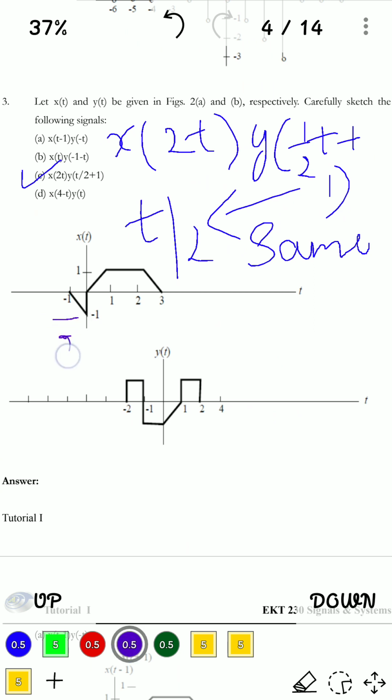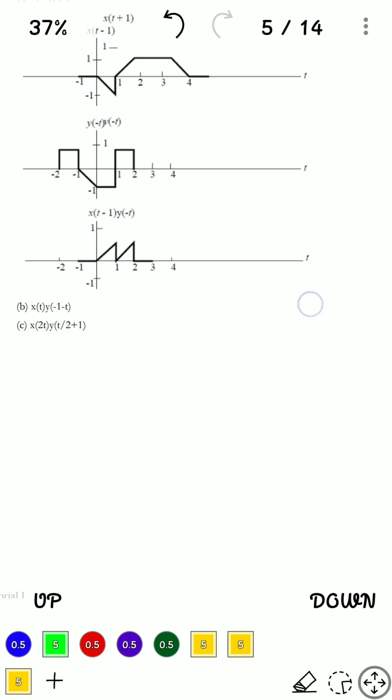So that is minus 1 by 2, 0 by 2, 1 by 2, 2 by 2, and this is 3 by 2. You're going to divide all these time periods by 2. If you divide all these time periods by 2, you are going to get the resultant like this. So your resultant would be this.